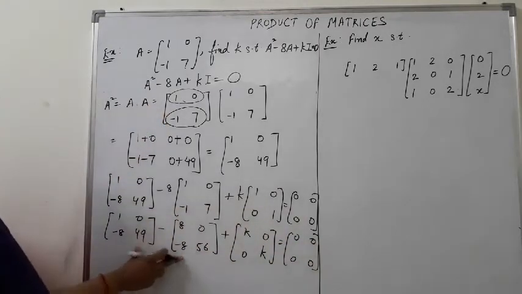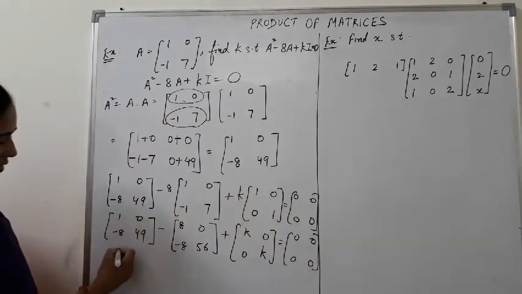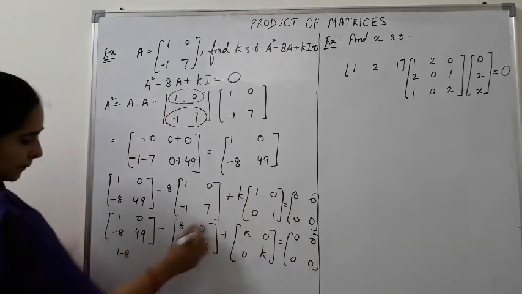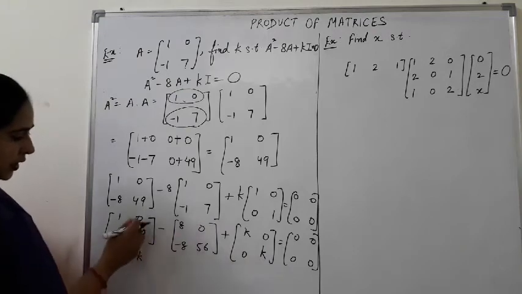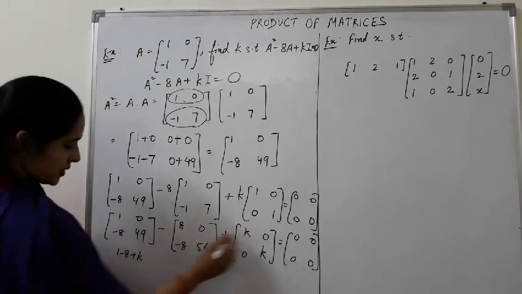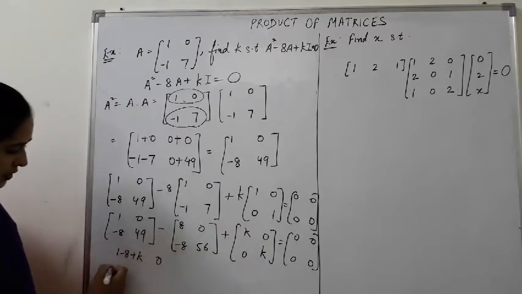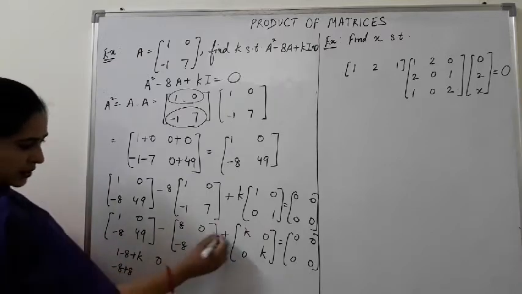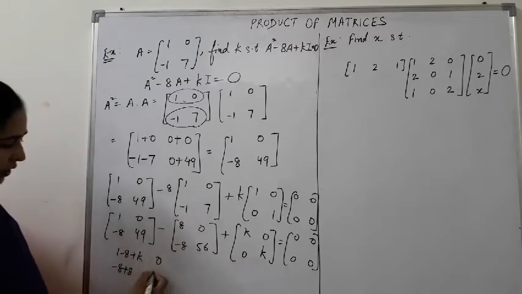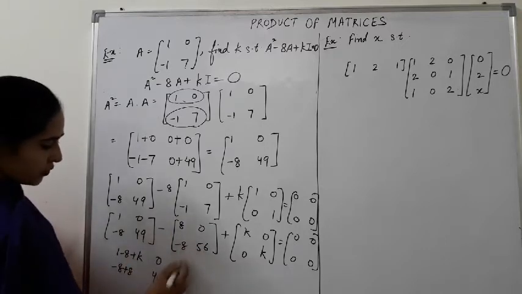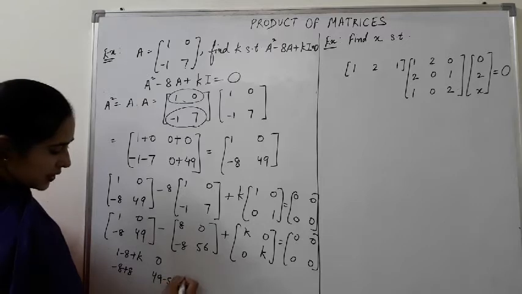Now simplify the left hand side. This is 1 minus 8 plus k. Then 0 minus 0 plus 0 is 0. Minus 8 plus 8 plus 0. Then 49 minus 56 plus k.